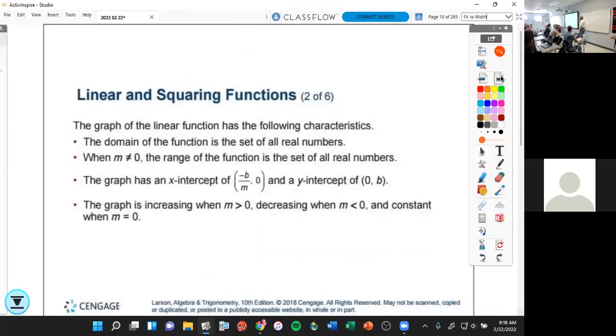The graph of the linear function has the following characteristics. The domain is all real numbers. How come the range isn't all real numbers? Well, look at the second bullet. What's that saying? When m is not 0, the range is all real numbers. What happens when m is 0?